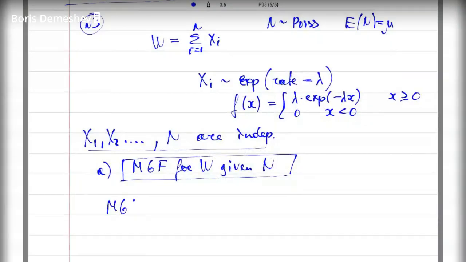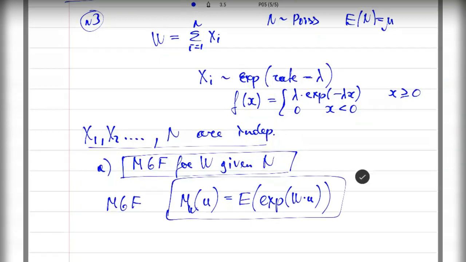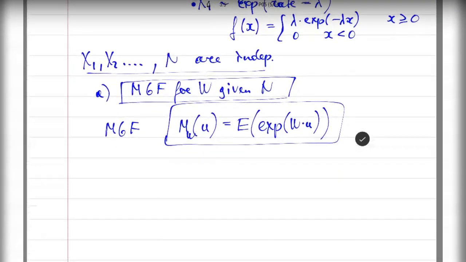Let's recall that the moment generating function m of u is just the expected value of exponent of W times u. That's the ordinary moment generating function.